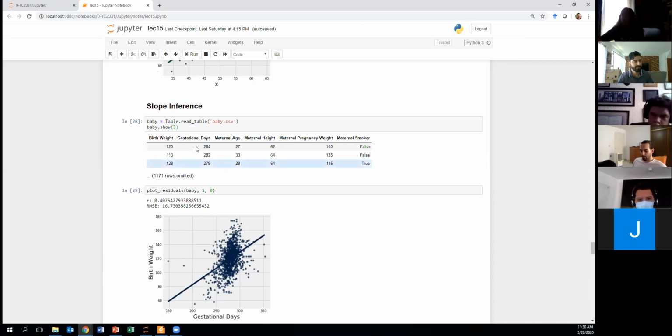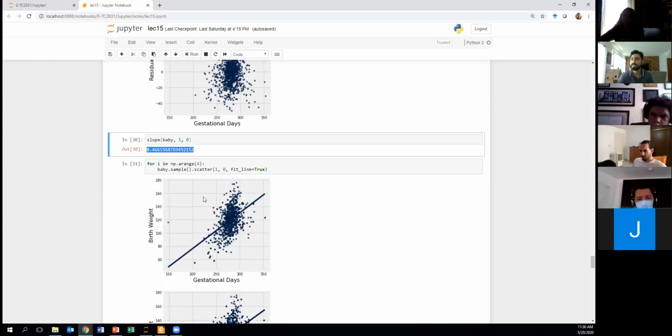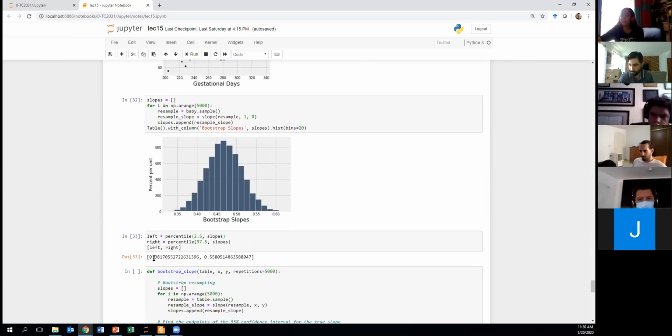But there are millions of other people. So let's say this is a sample. I'm resampling 5,000 times to come up with this confidence interval. And with this confidence, I can say one extra day a baby is in the womb, it's going to gain this much extra weight, between these two values.